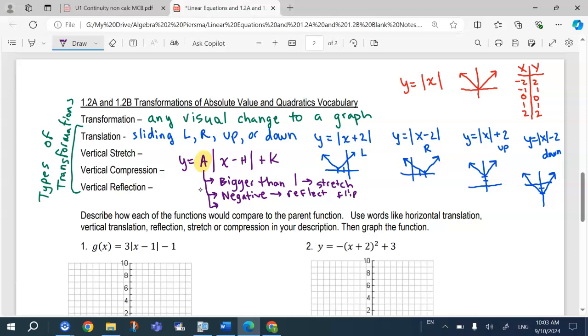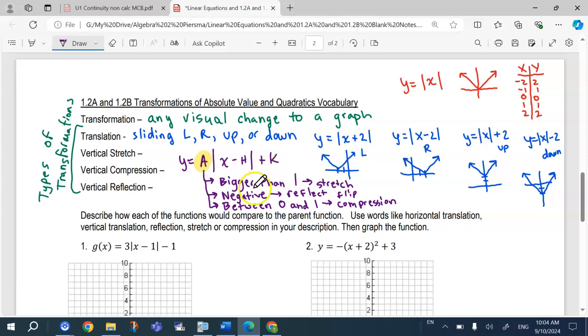And if A is between 0 and 1, it is a compression.